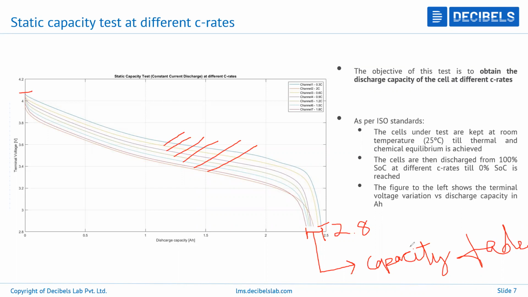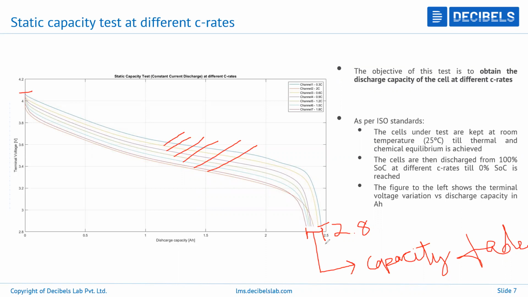This capacity fading occurs because at higher current rates, the chemical reactions inside the cell are not able to go to their fullest extent, which means they are not able to complete fully. Because of that, there would be a high amount of losses occurring inside the cell, and that can cause a drop in the discharge capacity or the available capacity during operation.